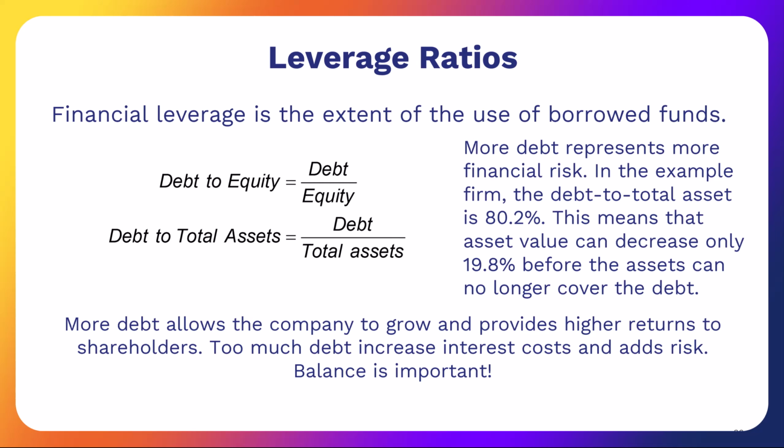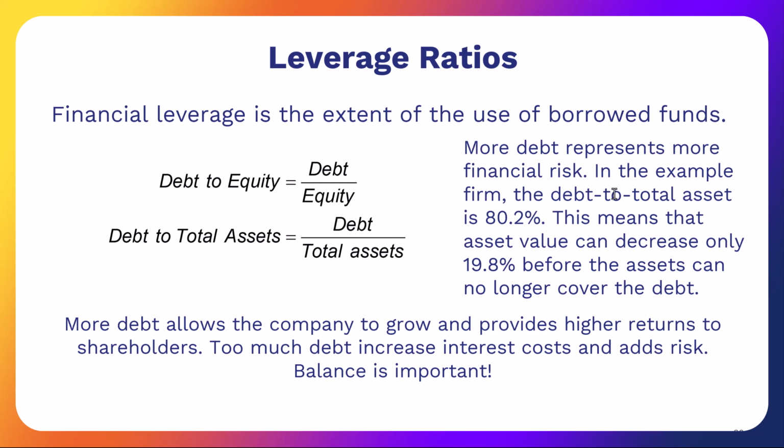What is financial leverage? This ratio tells us about the company's financing strategy. Debt to equity tells us which source of financing is bigger. Is it borrowing or is it equity? Debt to total assets shows us how much of our assets were purchased with debt.